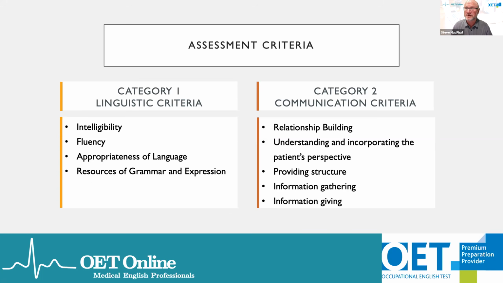Now, intelligibility means your pronunciation. As long as it's clear and easily understood, then you'll be meeting the exam requirements. Of course, there's lots of medical words which can be difficult to pronounce. So having an awareness of correct pronunciation in your subject area is very useful.